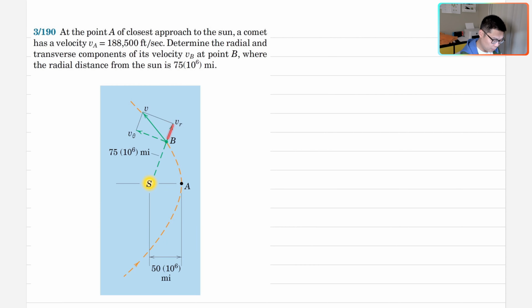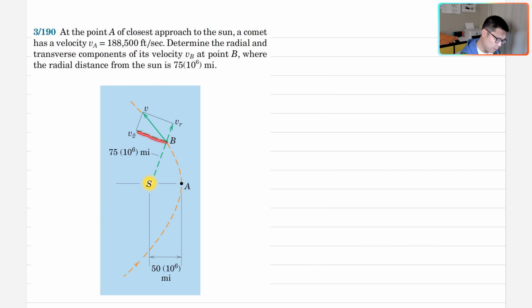VR is going through the rotating axis, which means this VR velocity is not going to create an angular moment with respect to the center.